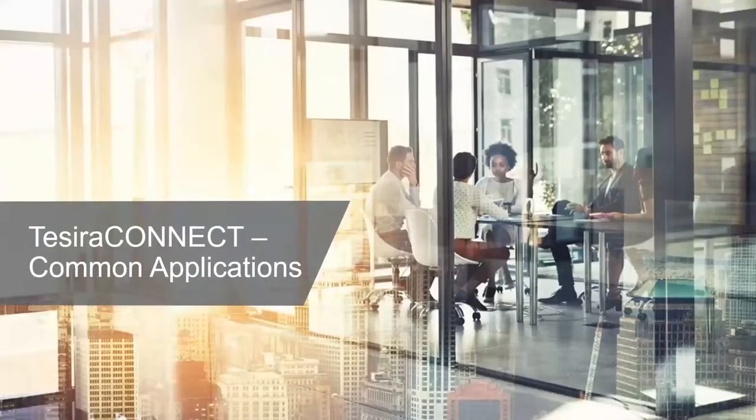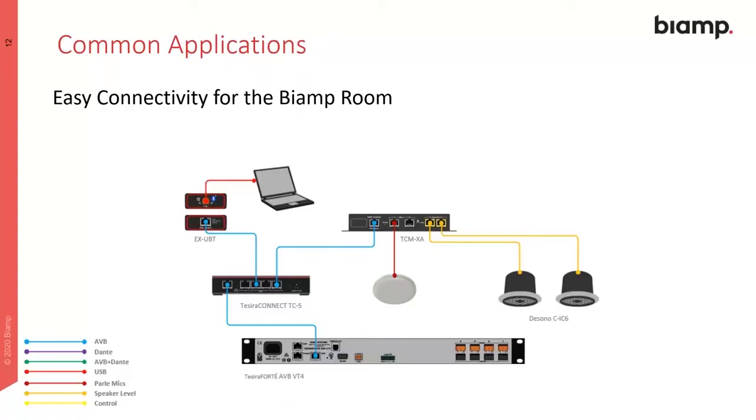Okay, so we're going to talk now about TesiraCONNECT common applications, when to use it, and how to use it. For the TesiraCONNECT 5, the normal one, let's say you have a huddle room with two speakers and one TCMX microphone, our beam tracking microphone, and an EXUBT, because you want mute sync between Microsoft Teams or Zoom.